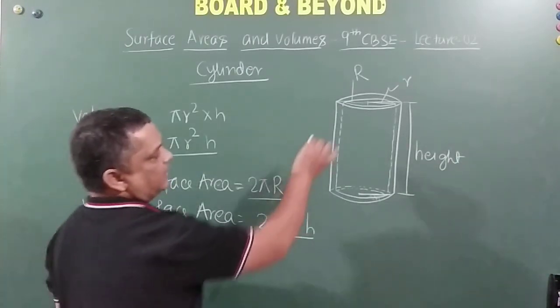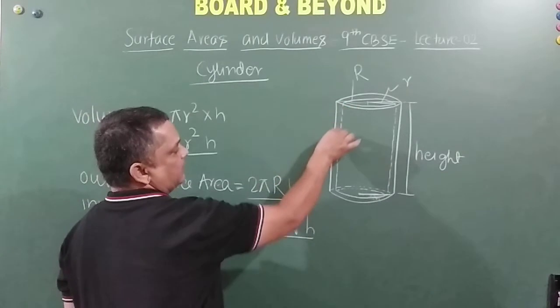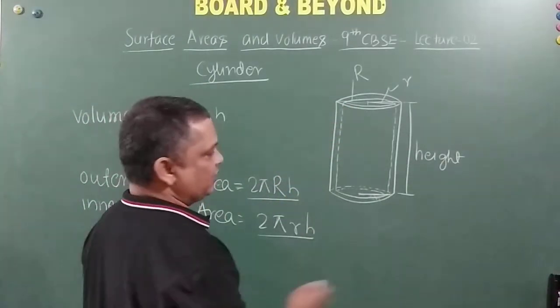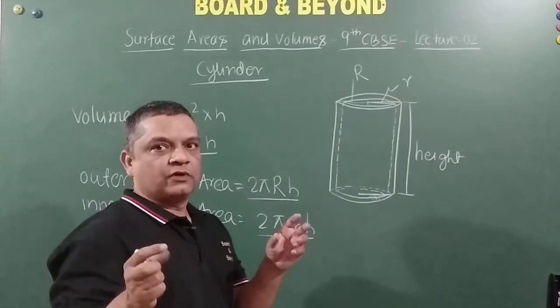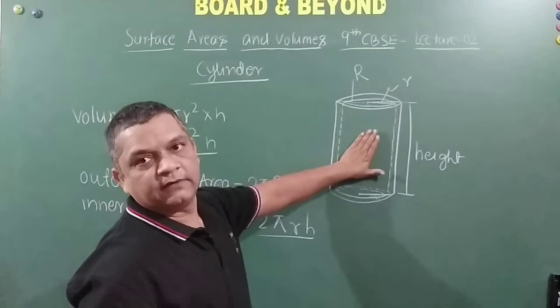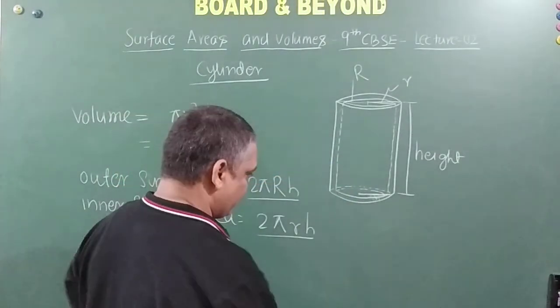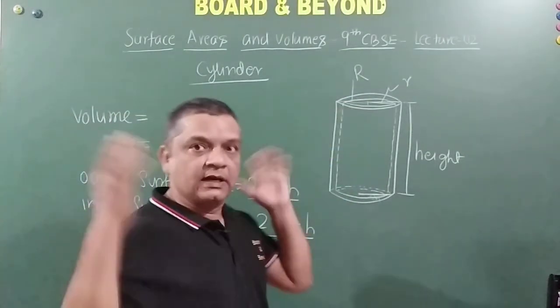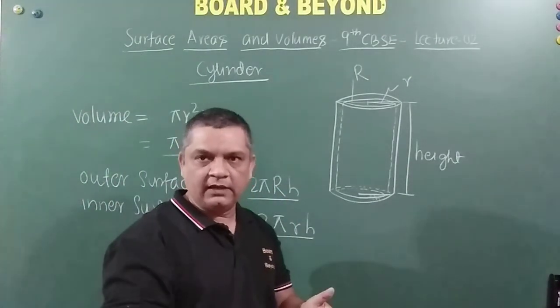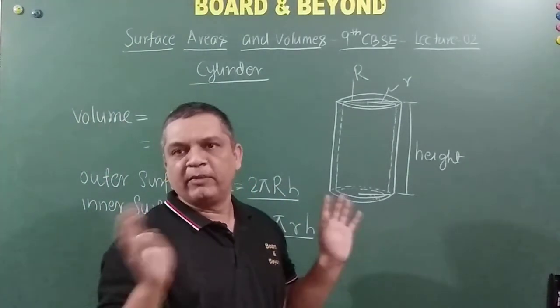Now let us say this is made up of a certain material, and you want to find out how much material has been used in making this kind of hollow cylinder. How do you find it? The volume of the bigger cylinder minus the volume of the smaller cylinder will give you the volume of material used.